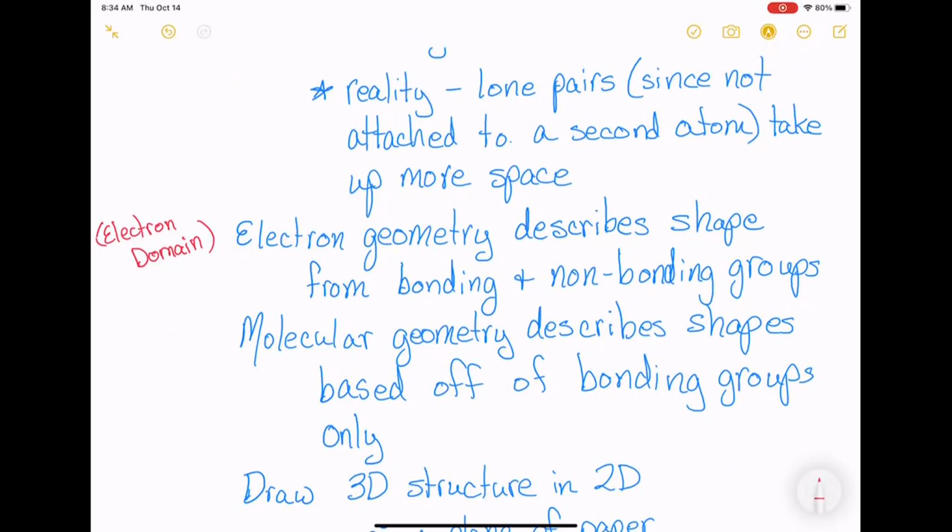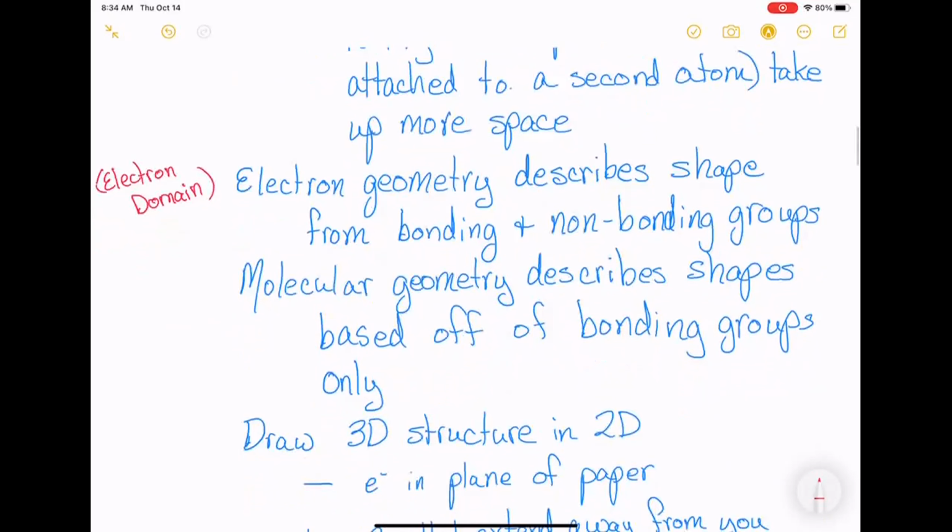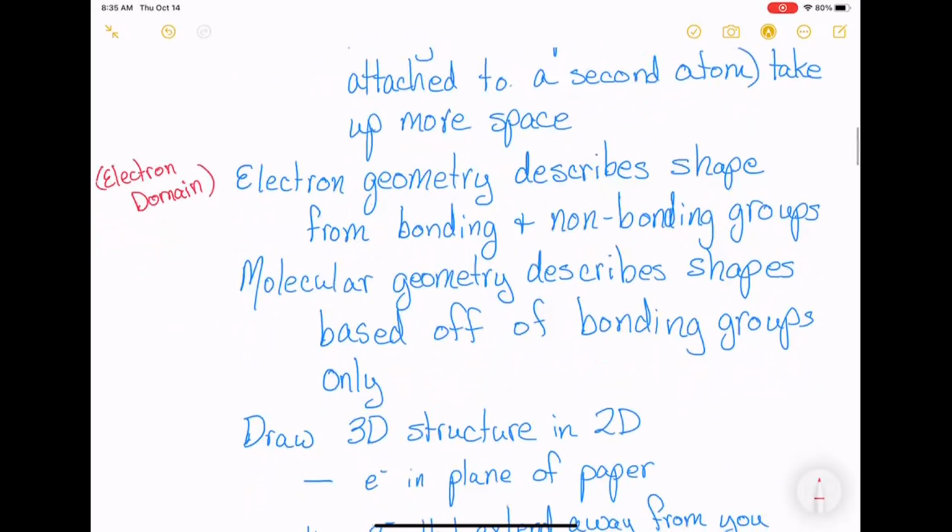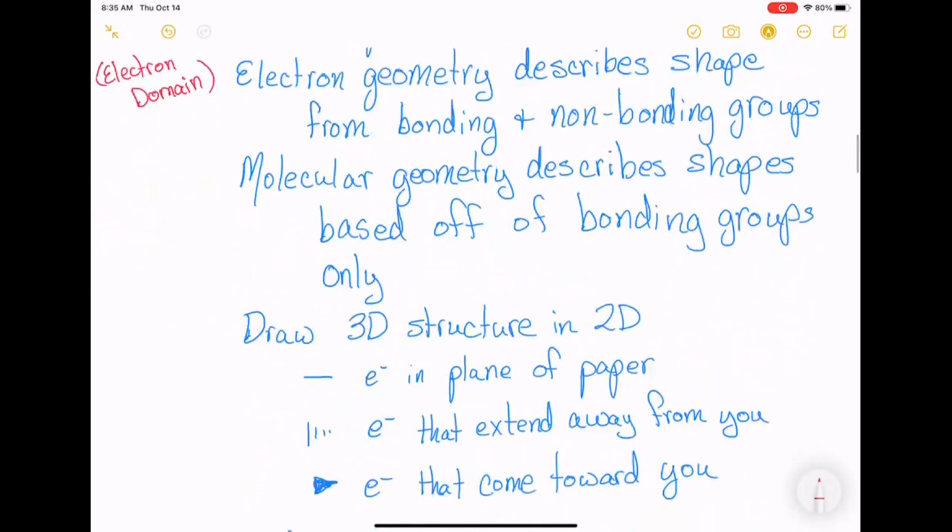But let's face it, when we get to actually drawing molecules, which we will be doing, we need to be able to do it in a 2D format. So we need to be able to take the 3D structure and draw it on a sheet of paper, which is 2D. That is where we use some specific notation.